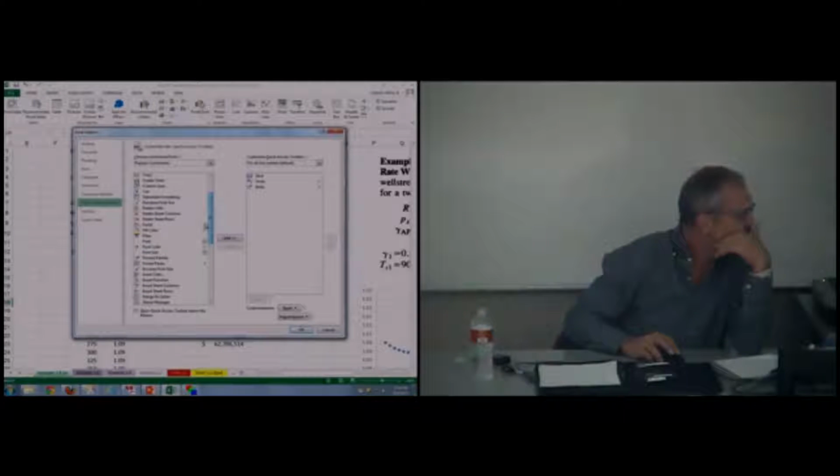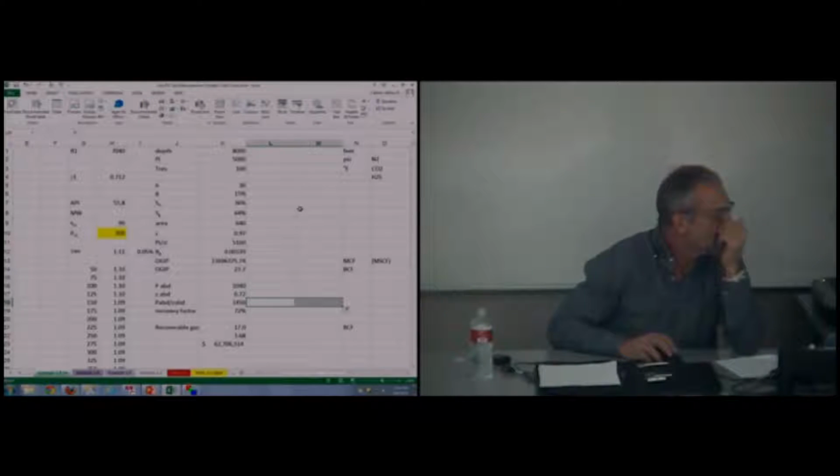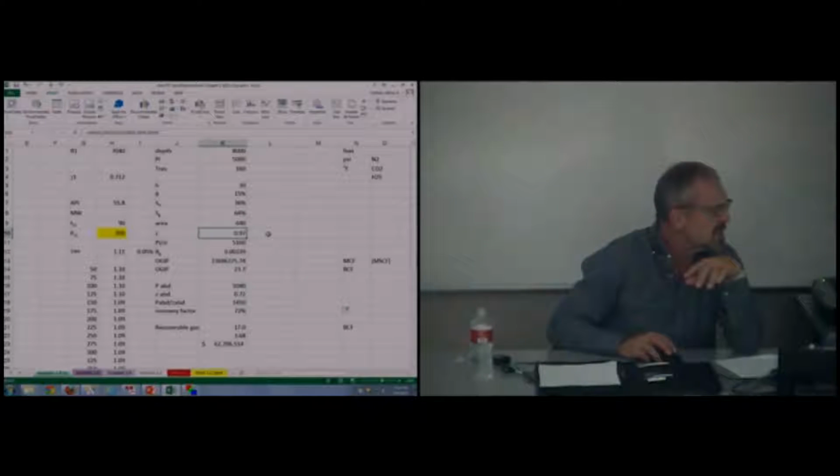Where's my insert rows and columns? That's what I like. Now let's do all these calculations again, starting with Z.